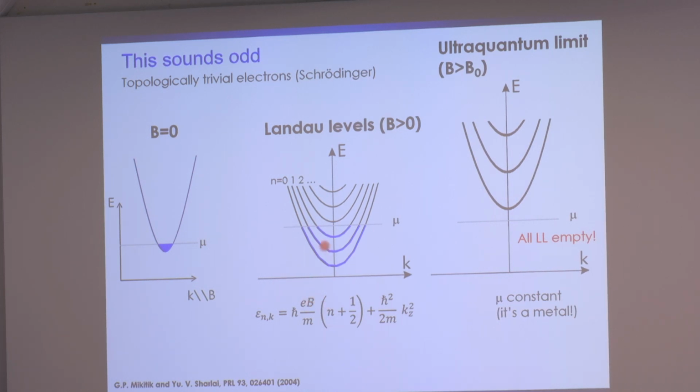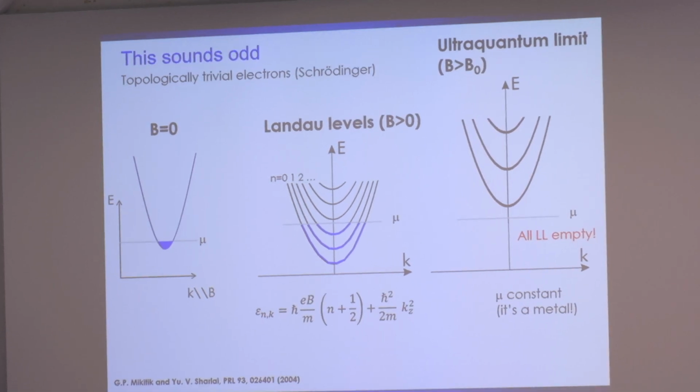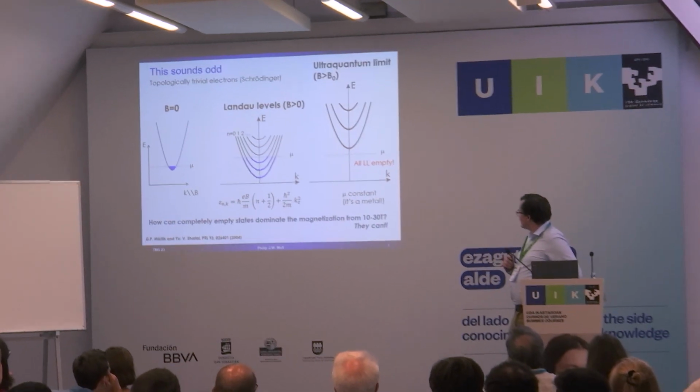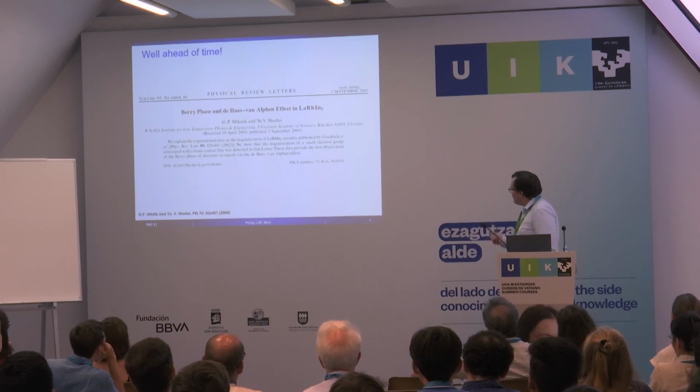Even the lowest Landau level, all of them move up. And because it's a metal, mu won't change. So actually you would expect this thing to become empty. It's electron-like, we know, but it doesn't really matter; holes do the same, and then they're completely filled. So what goes on? For everything we know, this thing is dead. How is it magnetically not dead yet? Very strange. It can't be.